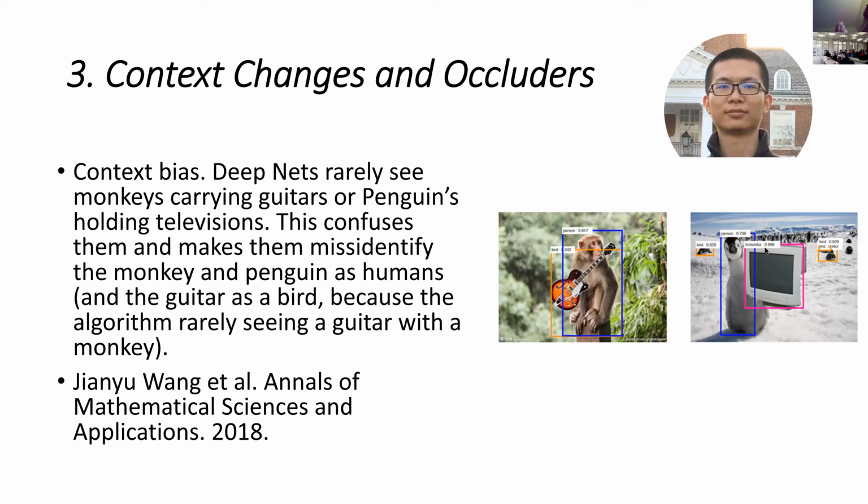In this case, it gets the TV set right. The problem is that the objects were occluded, and we assume that the deep network has never seen a monkey with a guitar, but it has seen humans with a guitar, so it makes mistakes because the monkey looks a bit like a human, and similarly for a penguin with a TV set. So deep networks are not robust to these types of situations.